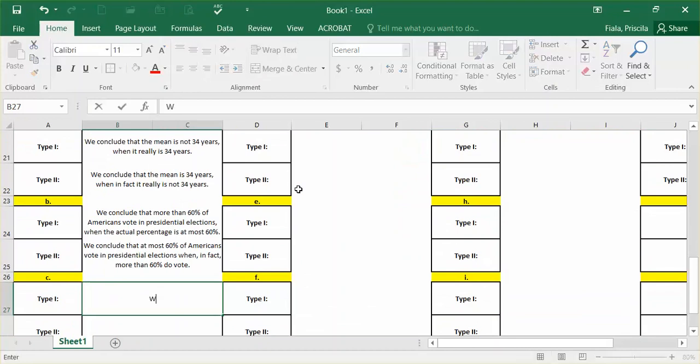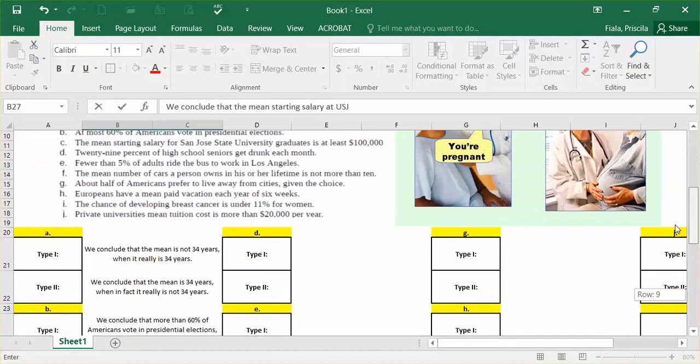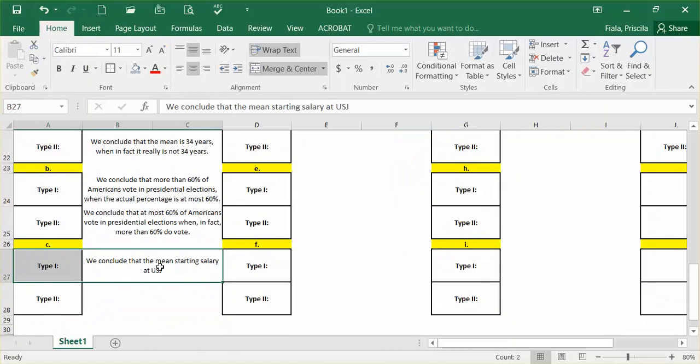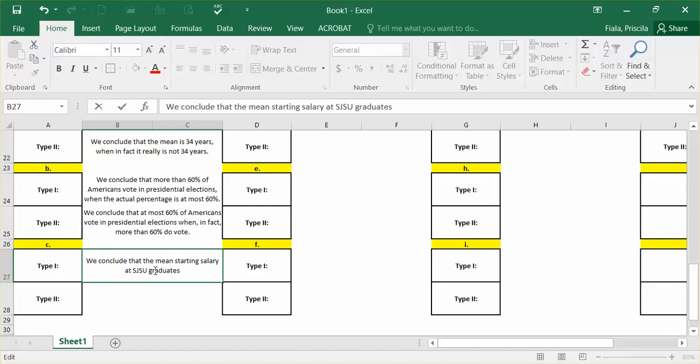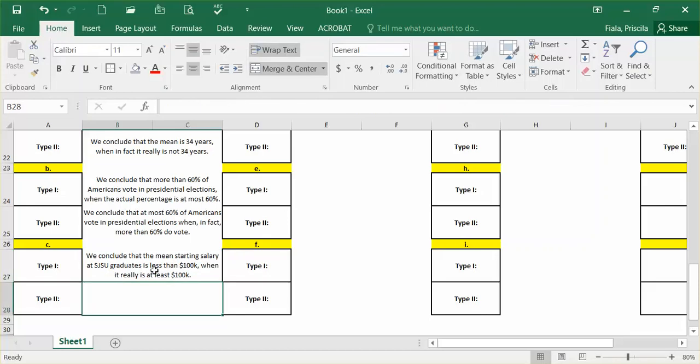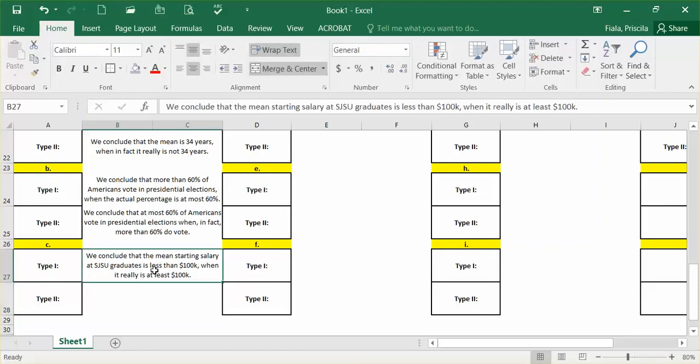So a type 1 would be we conclude that the mean starting salary for San Jose State University graduates is less than 100K when it really is at least 100K.